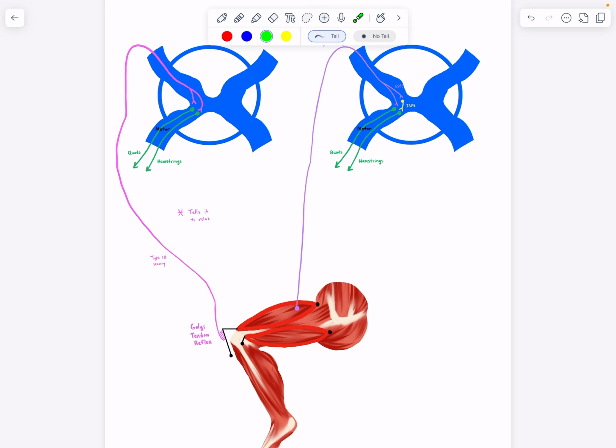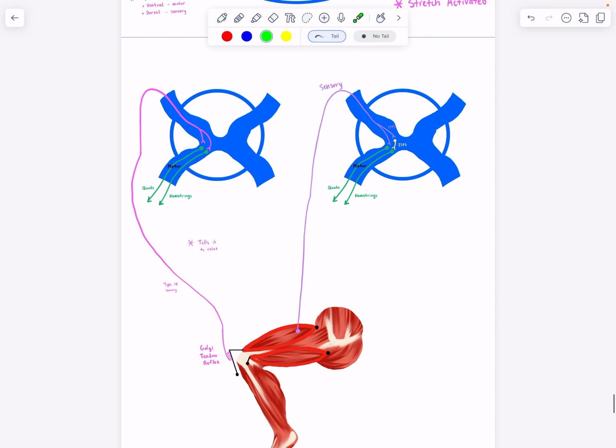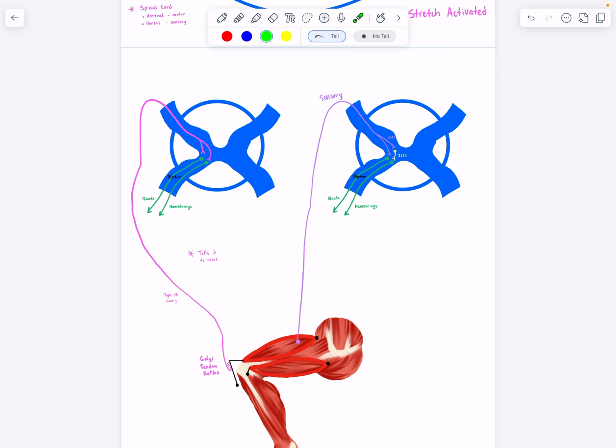However, with the Golgi tendon reflex, this is basically when the body is afraid of the tendon breaking or the tendon snapping.